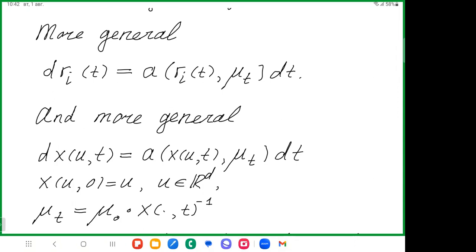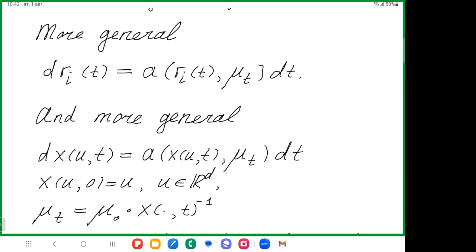Here we start from any point u of the space, u belongs to R^d, and mu t is equal to the image of the measure mu0 under the mapping x(u,t). So this is a very important step from the equation for heavy particles.